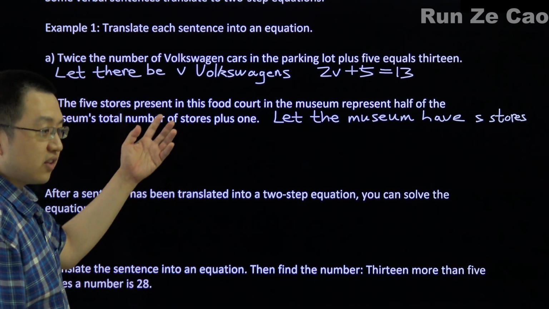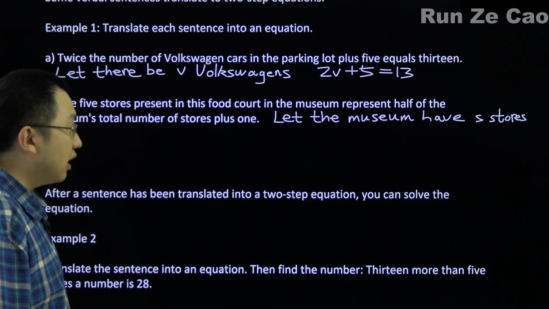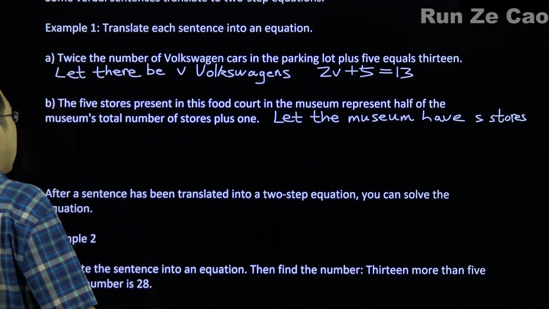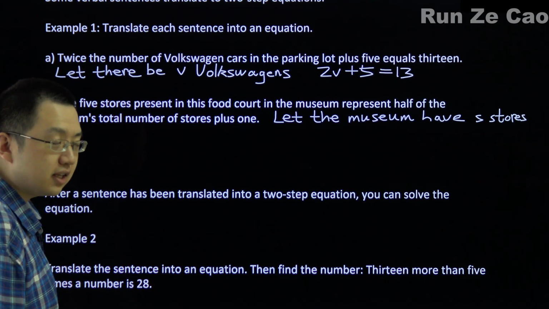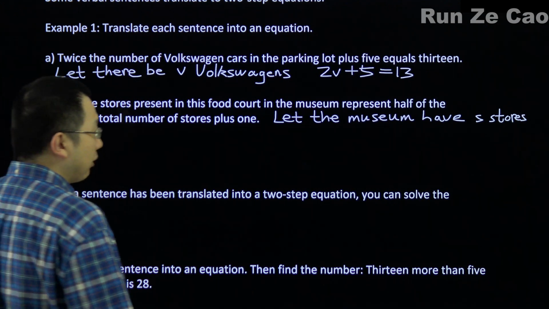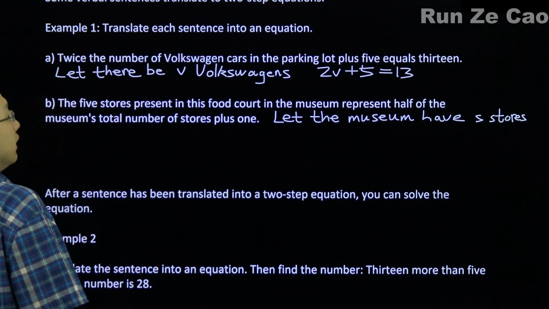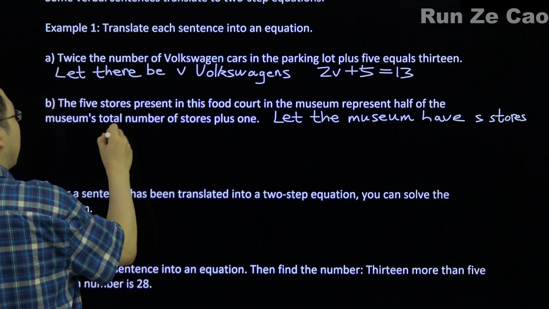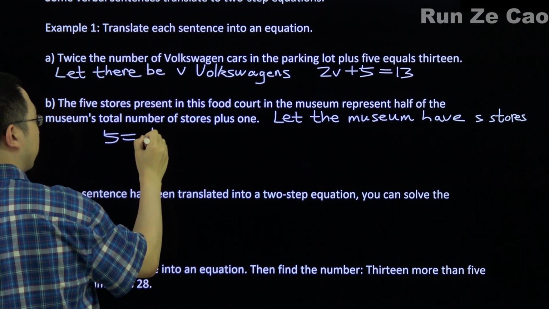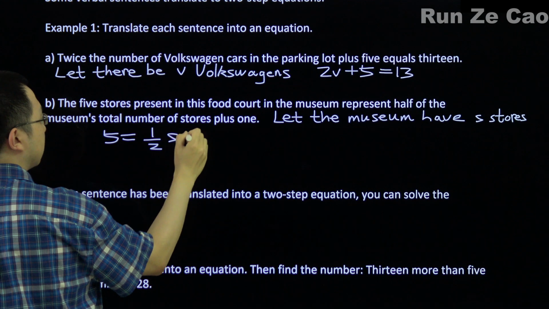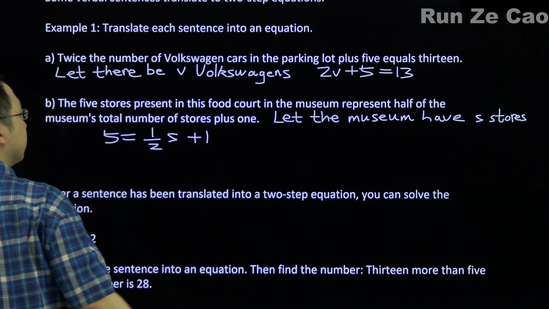To be fair, if it has a central food court somewhere, and then it says has a couple other stores scattered about for convenience or as gift shops, yeah, that's perfectly reasonable. So 5 stores is equal to half the museum's total, so 1/2 of S, plus 1.